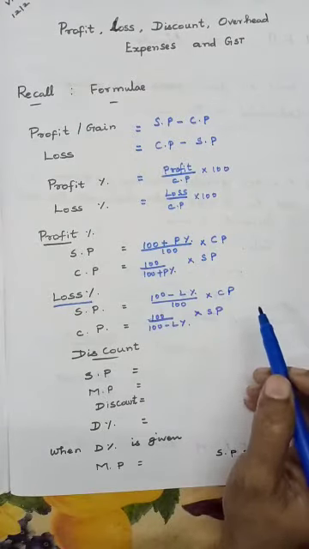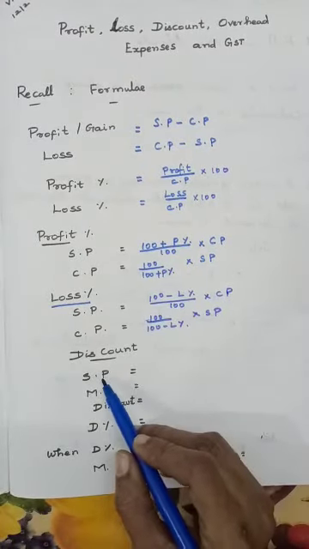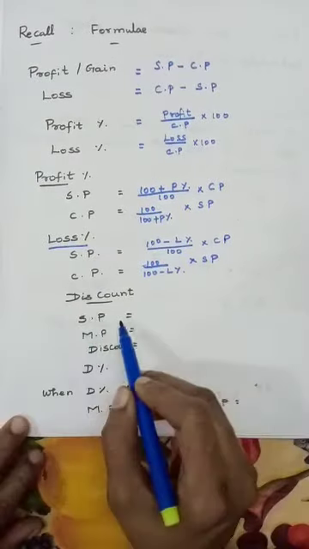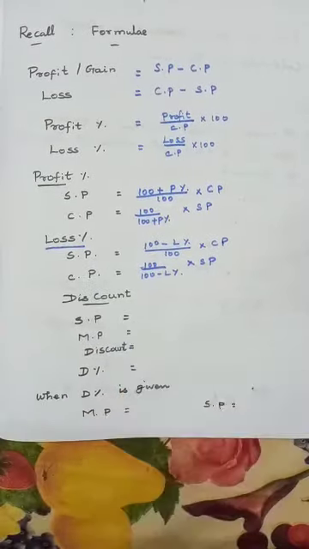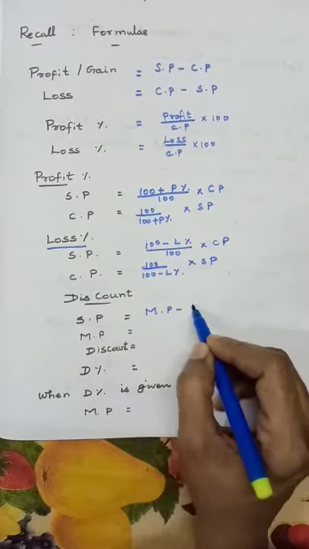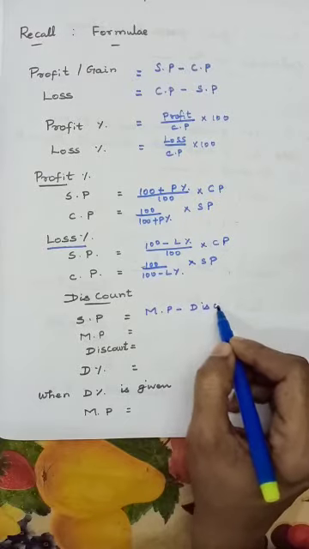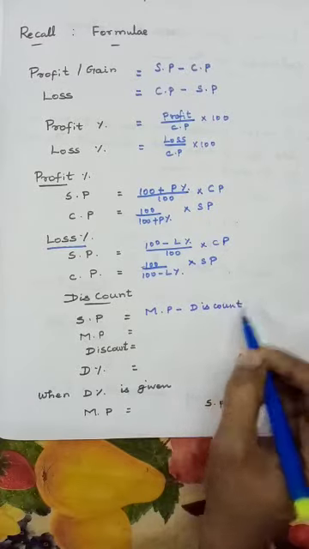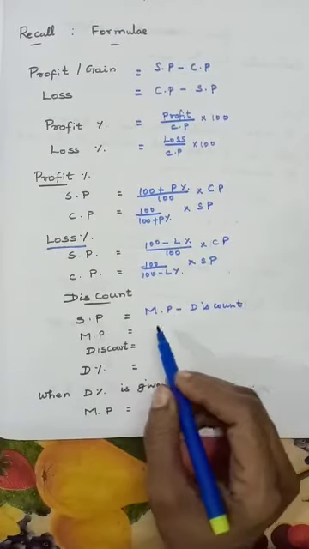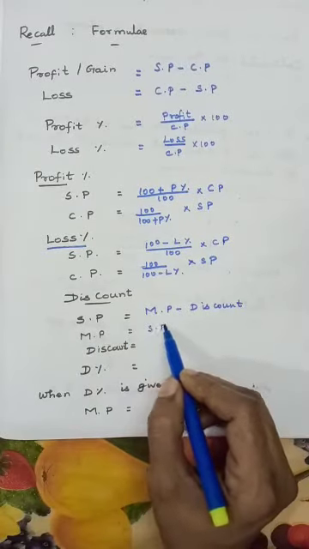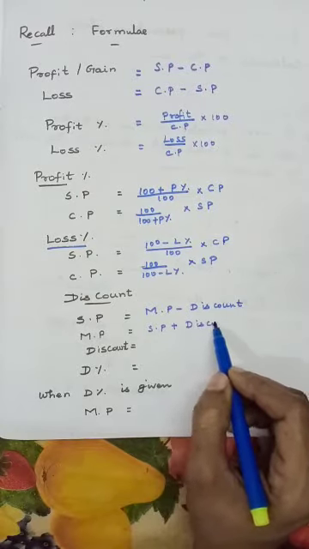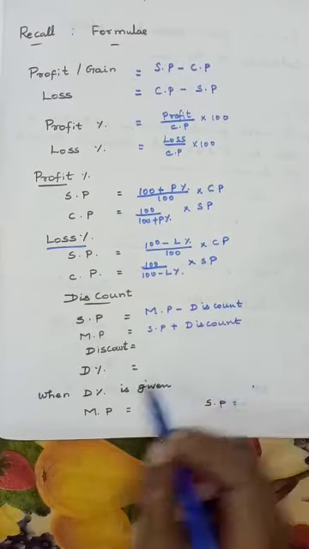Then discount. In this, SP is marked price minus discount. Here marked price is equal to, you bring this discount this side, so SP plus discount. That is marked price.